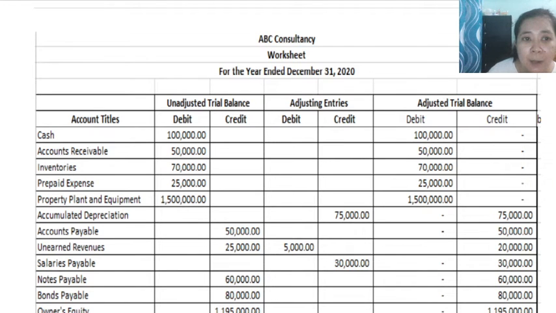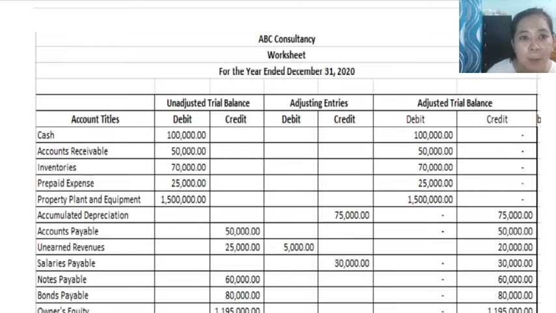Now, for our accumulated depreciation, in our unadjusted trial balance we have no entry for that. But in our adjusting entries, we have a credit of 75,000. So in our adjusted trial balance, we will reflect the adjusting entry of 75,000 on the credit side. All you have to do is follow where this amount was posted.